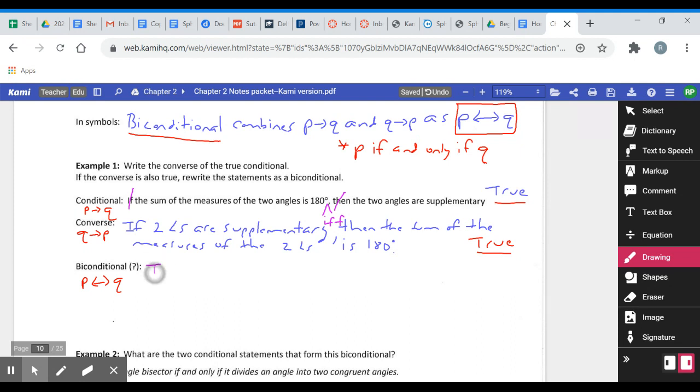So the sum of the measures of the two angles is 180 if and only if the two angles are supplementary.